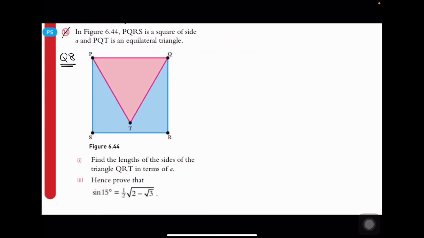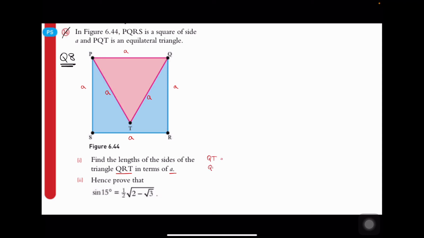Question 8, PQRS is a square of side A. So I'll write A, A, A, A. And PQT is an equilateral triangle, so that's quite helpful. We can write A here as well. Find the lengths of the sides of the triangle QRT in terms of A. So firstly, I already know QT and QR.